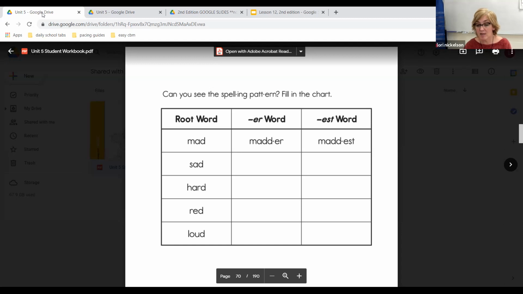And you're going to do the same thing with EST. Keep that D doubled and add EST. But remember, if you have that extra letter in there, you don't double that last letter. Okay? All right. So finish filling that sheet out.